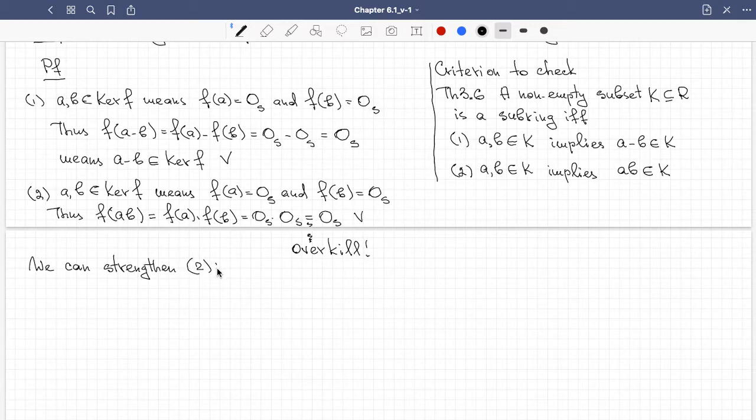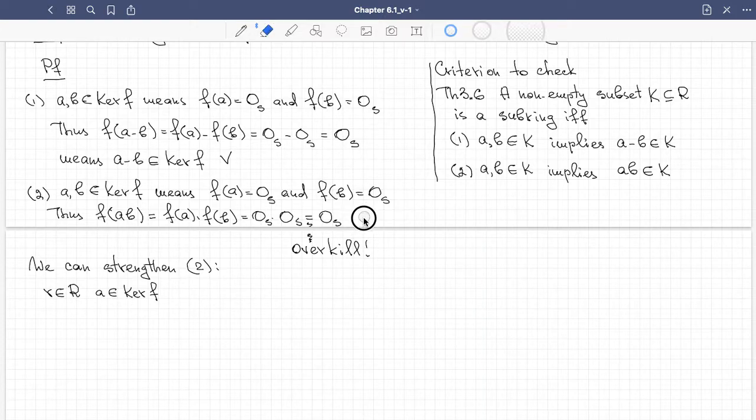Namely, assume that R is any element from R, while A is still an element of the kernel of F. Now, by the way, sorry, I did not finish here.